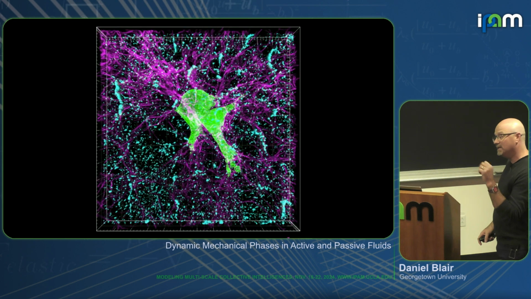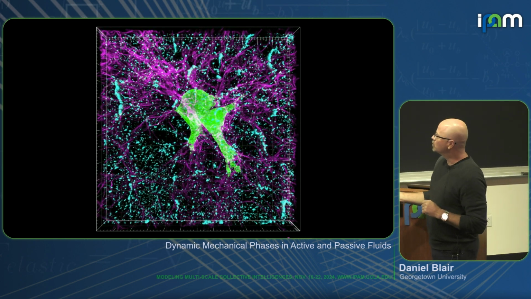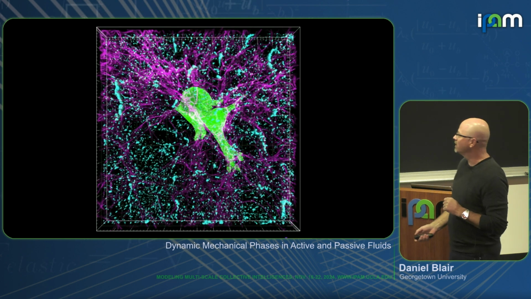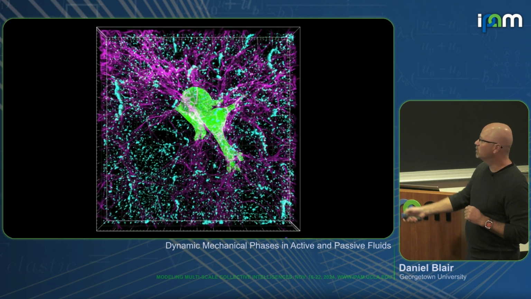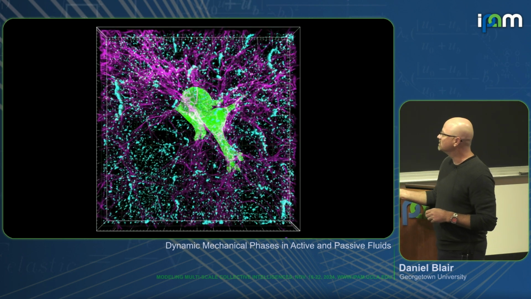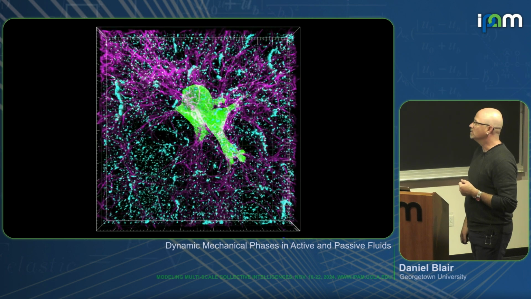It's mechanically figuring out what it's in contact with. It's trying to traverse this three-dimensional matrix. And in doing so, it's distorting this bottom material in a way that we can determine what the stress is dynamically as this cell transforms its shape and its position.